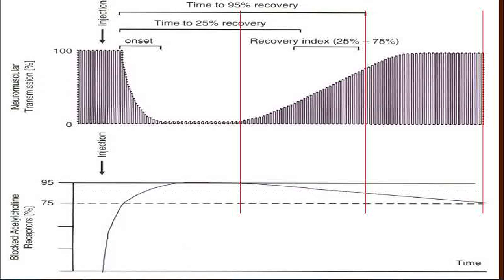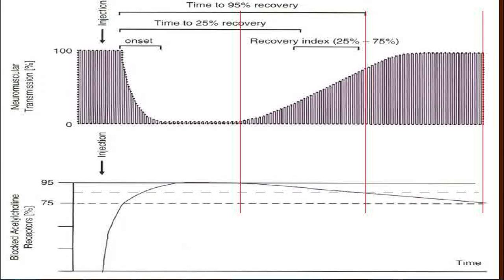It just gives you some lines to correlate certain functions, right? So here we start to have the return of twitch height. That's still a little bit less than 95% blockade. This is where we have time to 95% recovery, and we're still not at full twitch height. And then finally, even with 75% of receptors blocked, we have a full twitch height.